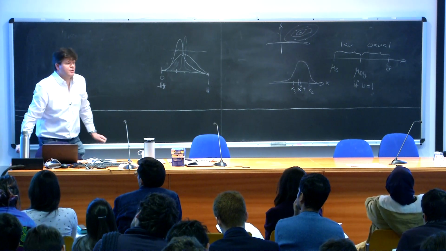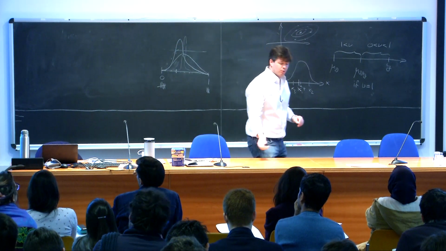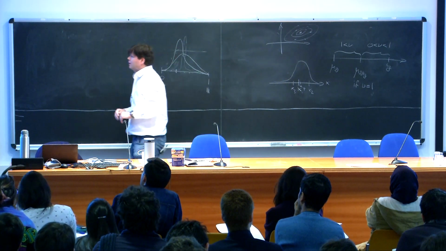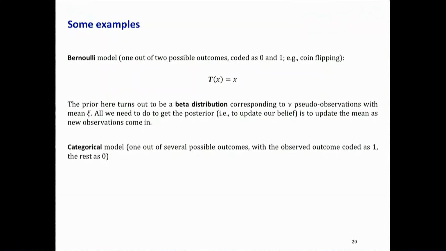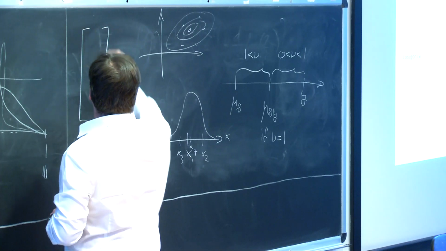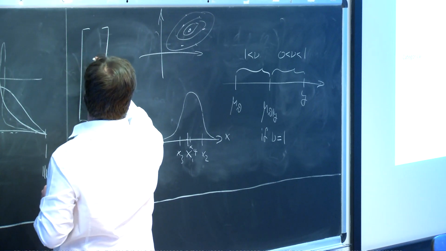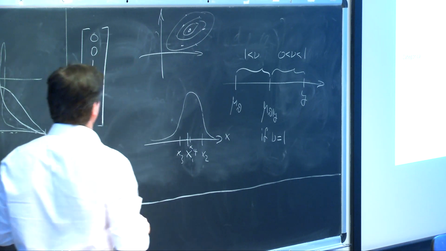Now, imagine you have more than just 2 possible outcomes. You're rolling a die. You have 6 possible outcomes. Now that is called a categorical model. You have 6 categories of outcomes. And the way you code this is that each outcome is written as a 1 out of k vector. So for instance, if you roll your die and you get 3, you code this in this manner.